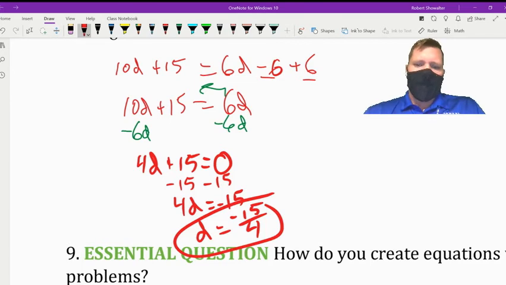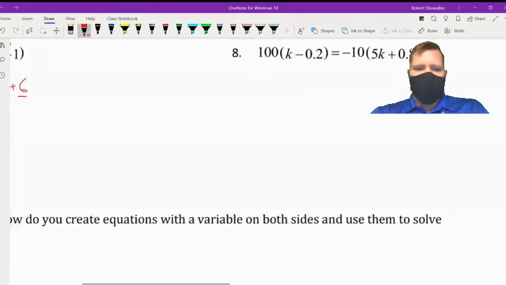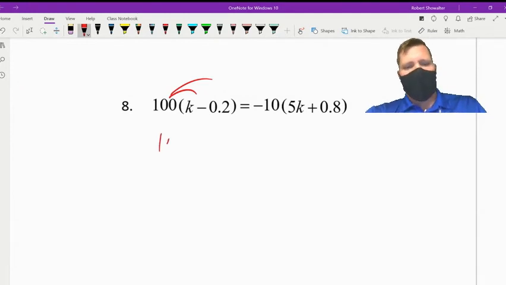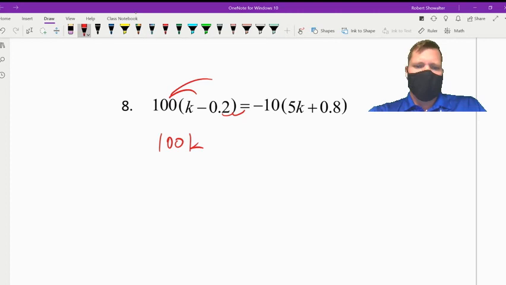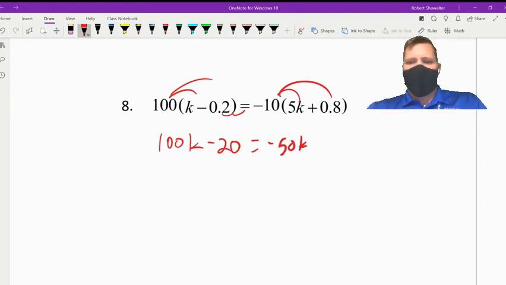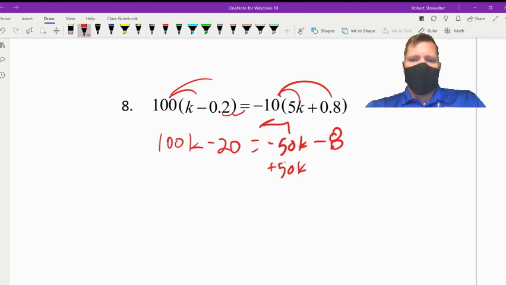All right, one more question, then we're done. Let's do this. You can do it. Distribute 100 times k would be 100k. 100 times 0.2, move the decimal twice, 20. -10 times k, -50k. Negative times 0.8 would be -80. Keep going. Move the variables to the left. That's the way I do.